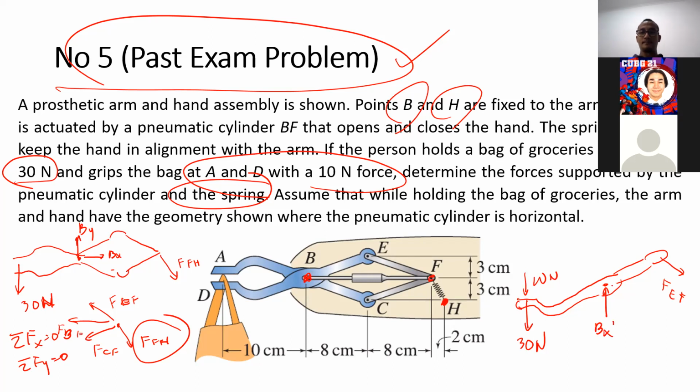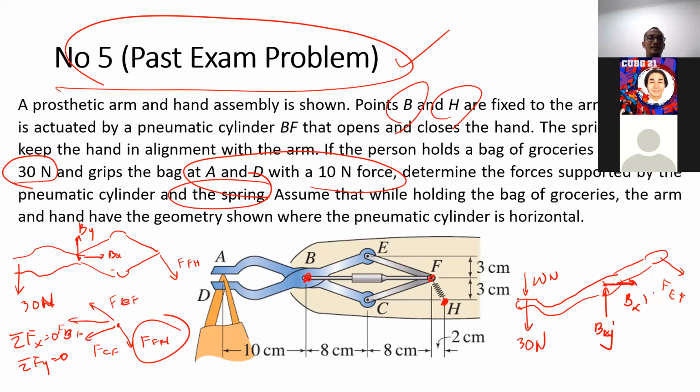BX aksen dan BY aksen ini merepresentasikan gaya-gaya yang terjadi pada titik B akibat ABC dan BF. Kebayang ya? Iya. Ya. Cuman kita nggak perlu nilai itu juga.